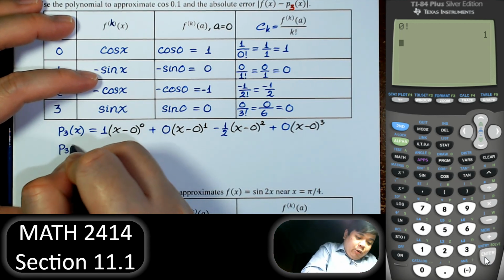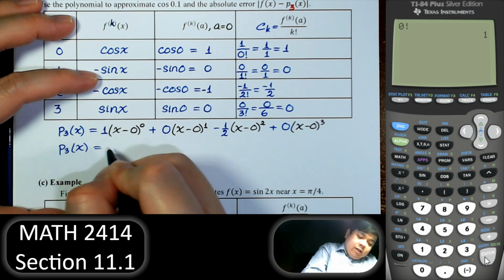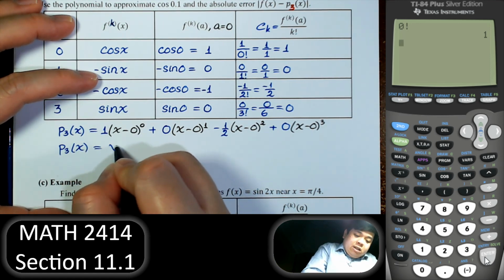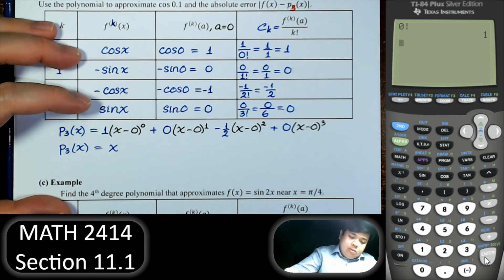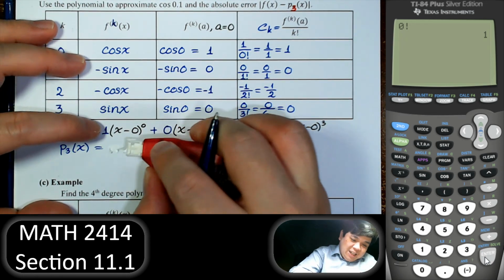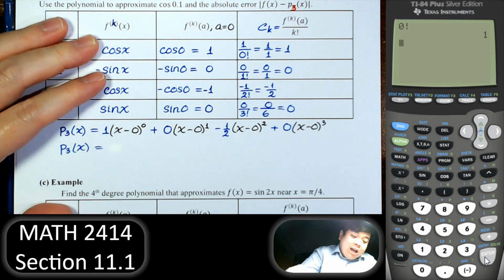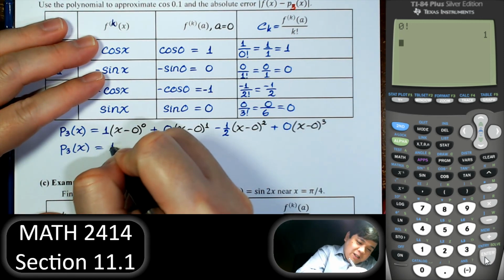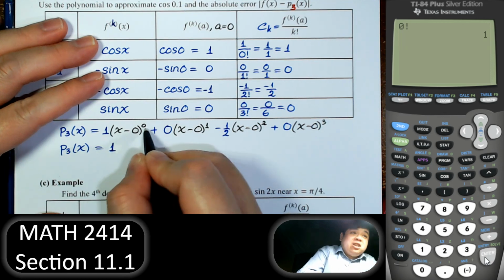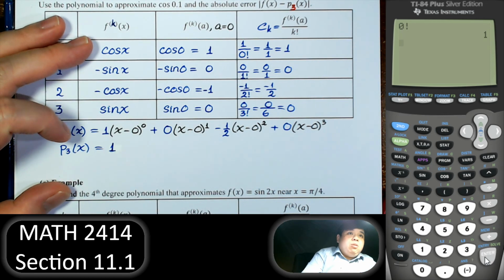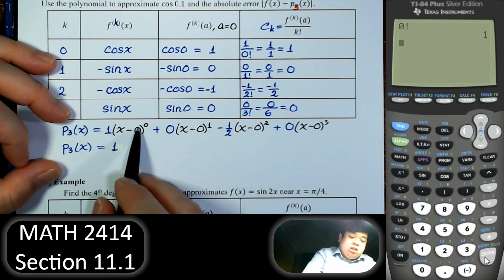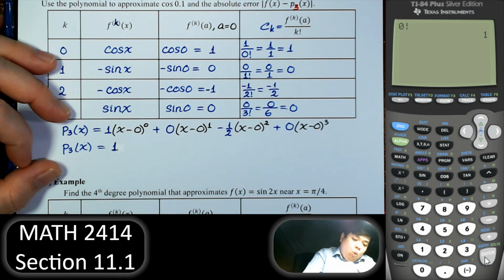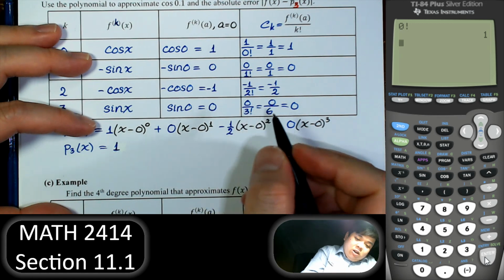But this is simple enough. This is just 1, because x to the 0 power is 1. That one stays.